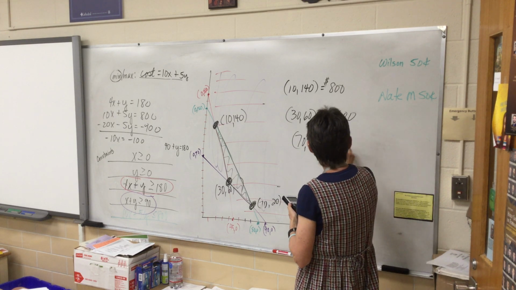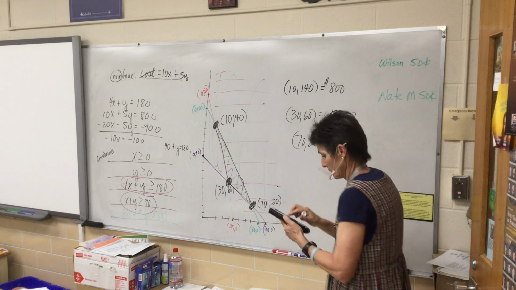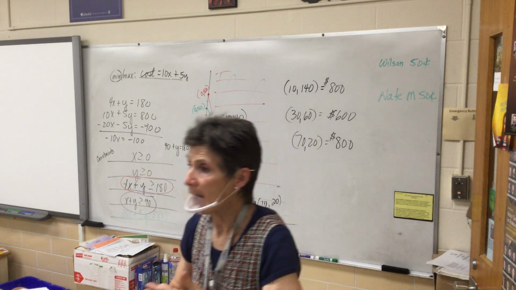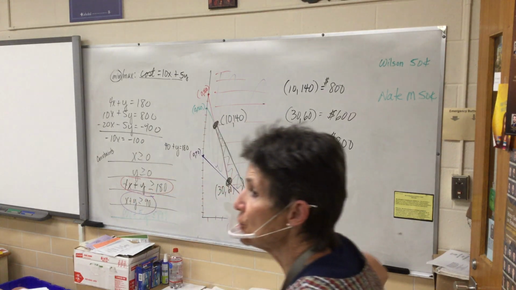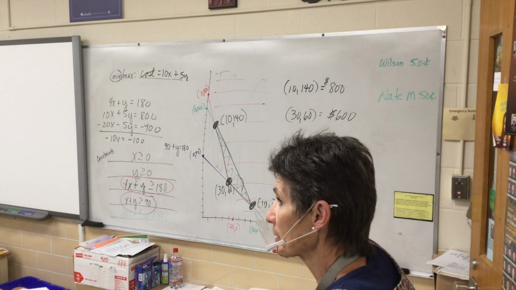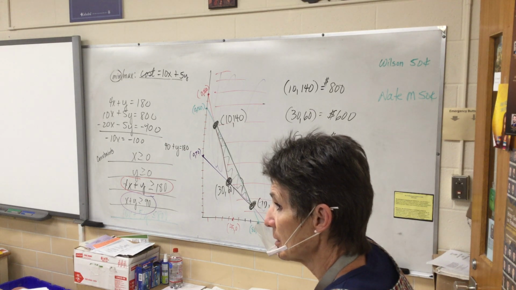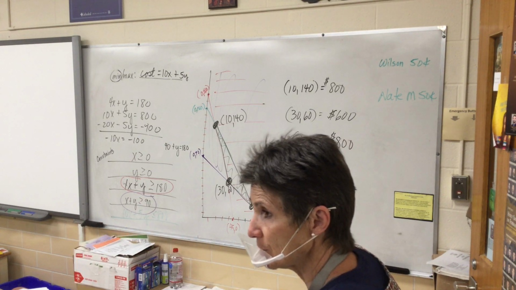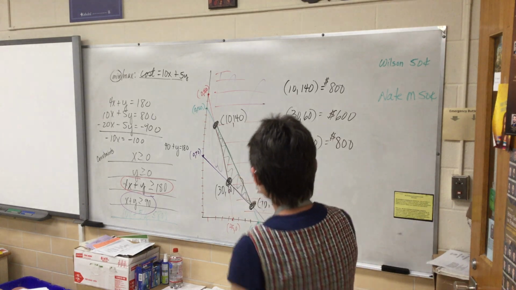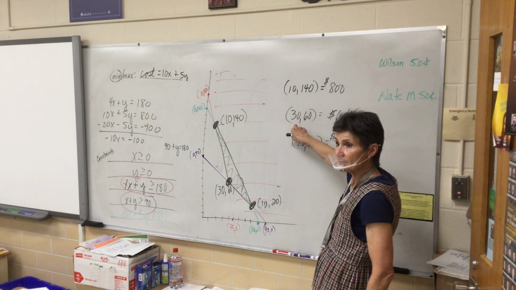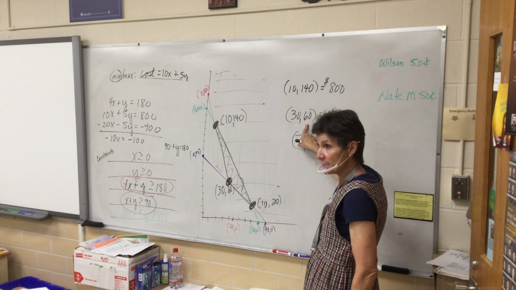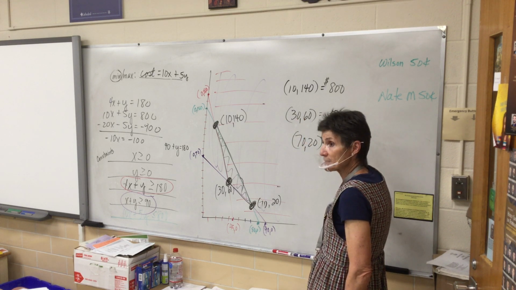That's going to cost you $800 again. So if you're this guy, farmer or whatever, and you are buying fertilizer, what are you going to advise this guy to do? You're his financial advisor. What are you going to tell him to do? Buy 30 bags of A and 60 bags of B, and your cost will be $600.